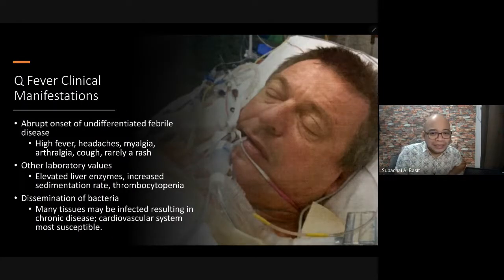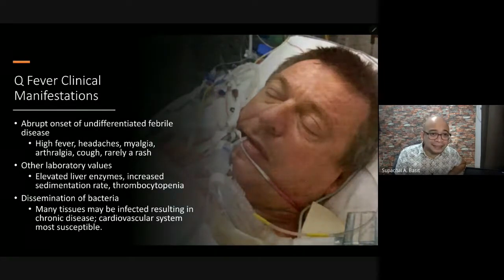So once a person is infected with Q fever, clinical manifestations would include undifferentiated febrile disease. I say undifferentiated because this fever is seen even in other bacterial infections that are related to typhus fever, such as high fever, headaches, myalgia, or muscle pain, arthralgia, cough, and rarely a rash.